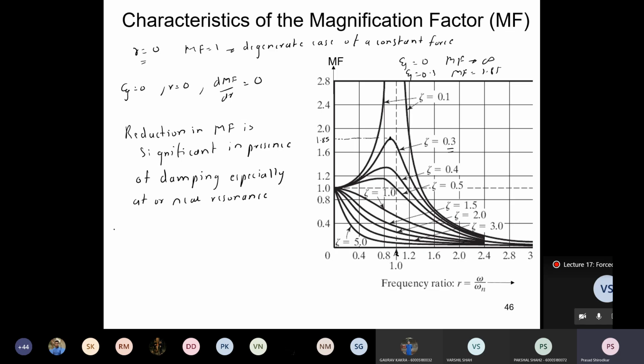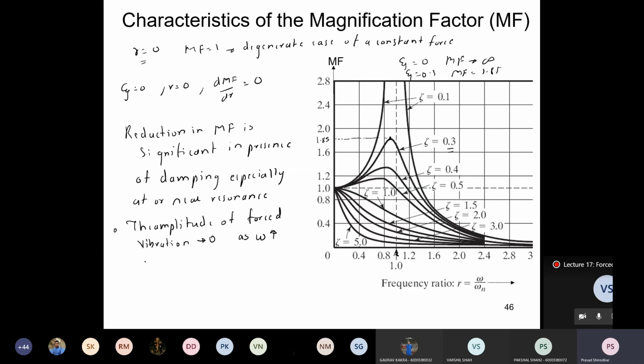The next point is that the amplitude of forced vibration tends to 0 as the forcing frequency increases.